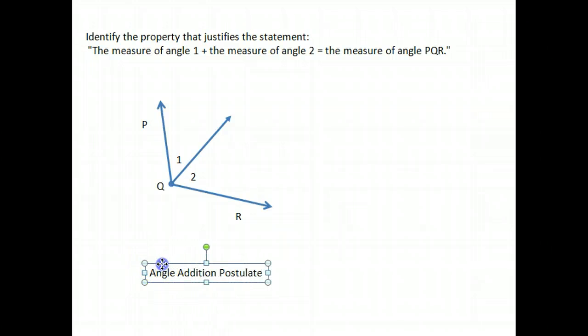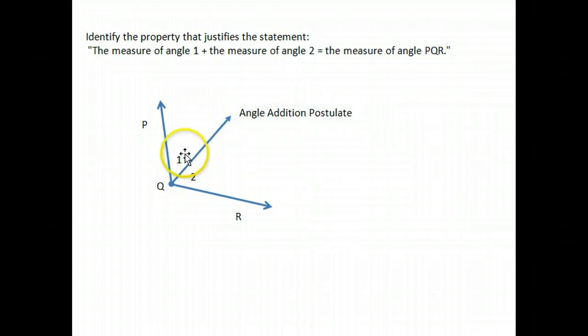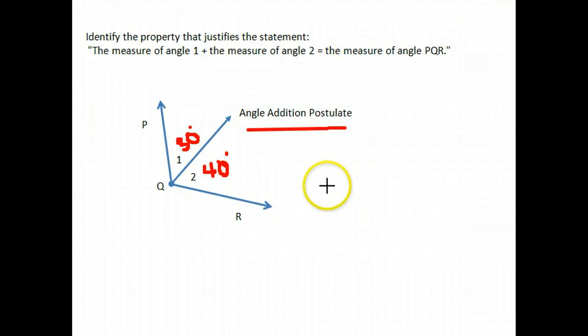The angle addition postulate tells us when we have two adjacent angles, two angles that are touching, and combine to make a bigger angle, we can add their measures together to get the measure of the whole thing. Okay, so for example, if we knew that angle 1 had a measure of 30 degrees, and angle 2 had a measure of 40 degrees, and this kind of looks like common sense, but it's using the angle addition postulate.